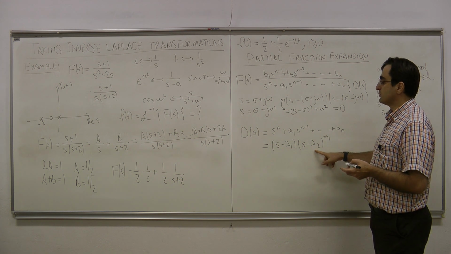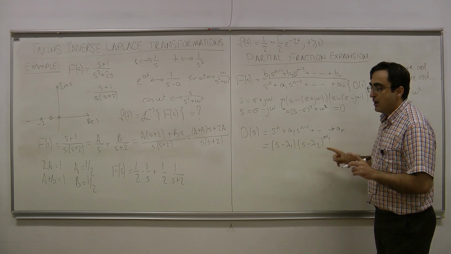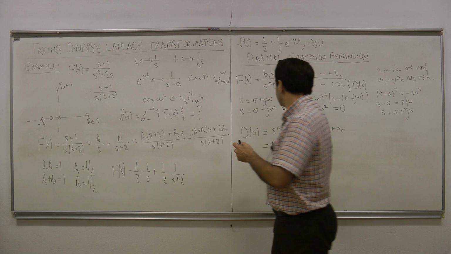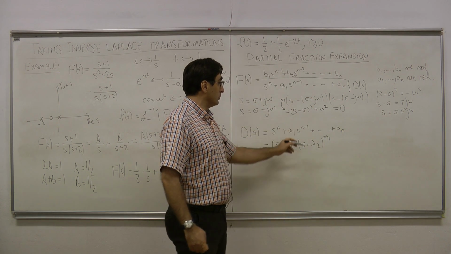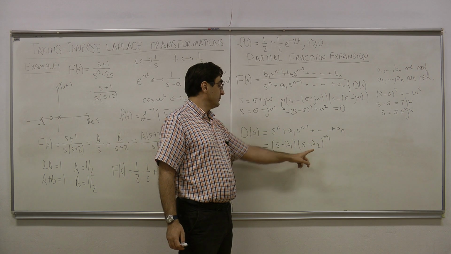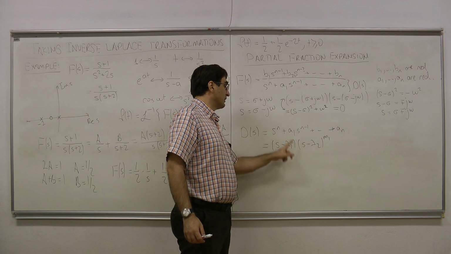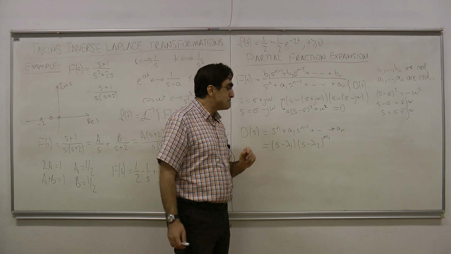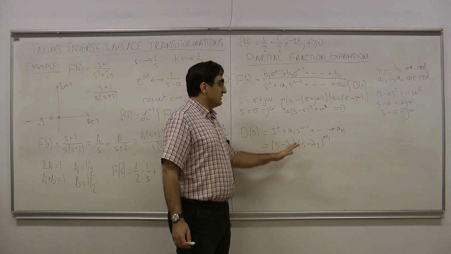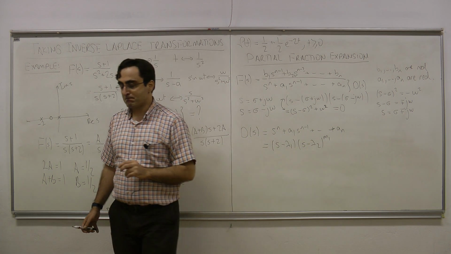And this is s equals lambda 2 with multiplicity m1. So these are representing real poles. Of course, this one is a special case of this one, okay? Because if I choose m1 equals 1, this term would be looking like this term, okay? So in general, I have any real pole with some multiplicity.